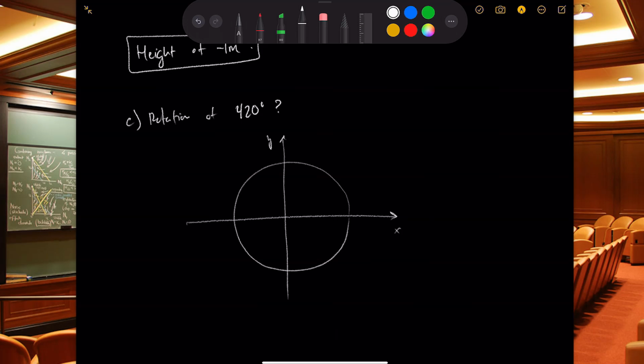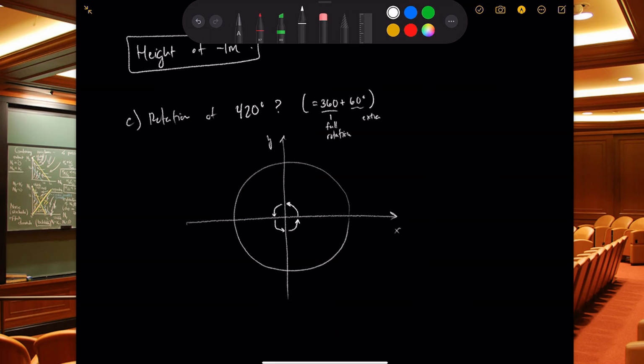Well, what do we know about a circle? 90, 180, 270, 360 degrees is a full rotation. So a rotation of 420 degrees means I've gone a full rotation and then some, right? So in your head you could be thinking, well, this is really 360 plus 60. This is one full rotation. And here's kind of the extra.